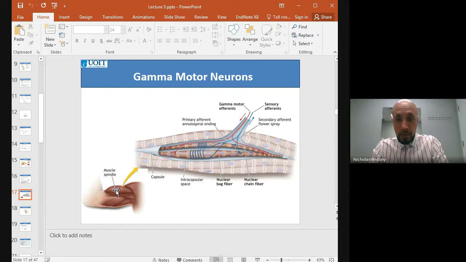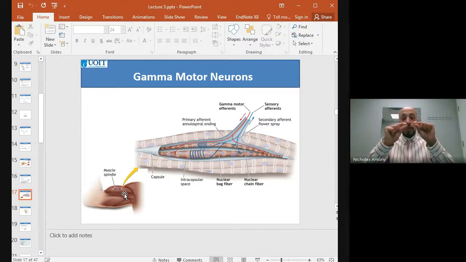They're actually a lot smaller than that, but they detect the change in length of the muscle fibers. So when we contract or lengthen our muscles, our muscle spindles send sensory information up to the spinal cord and brain. When we were talking about proprioception, the way we're able to do that is primarily through the muscle spindles.